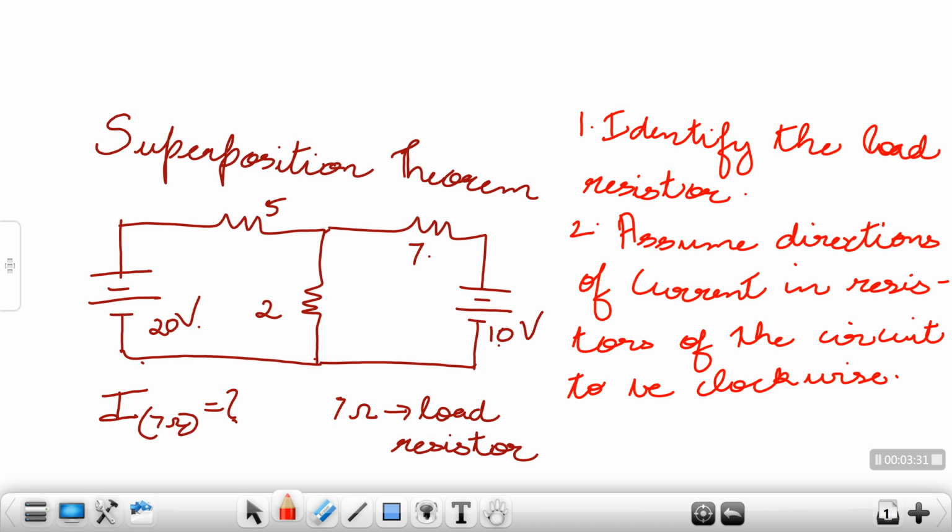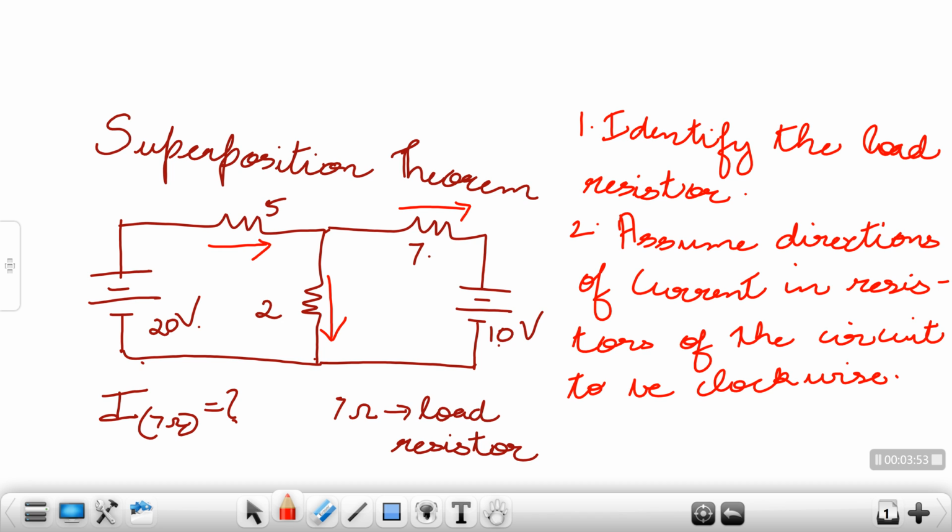Okay, so over here for my 5 ohms, when I say clockwise, the current will be from left to right. For 7 ohms it will again be from left to right. For 2 ohms it will be from top to down. So this is the flow of current in this circuit that is given over here.